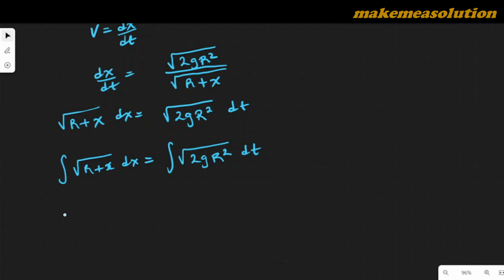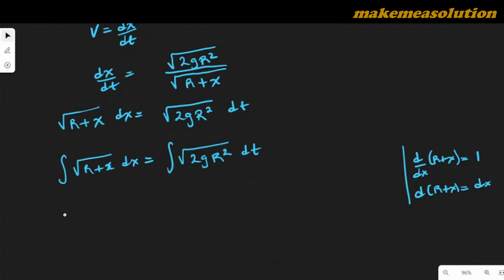and in taking this integral, of course, consider the left hand side. Assuming you want to differentiate r plus x with respect to x, you're going to get 1. So d of r plus x is actually 1 times dx, which is dx. So you can replace dx with d of r plus x.